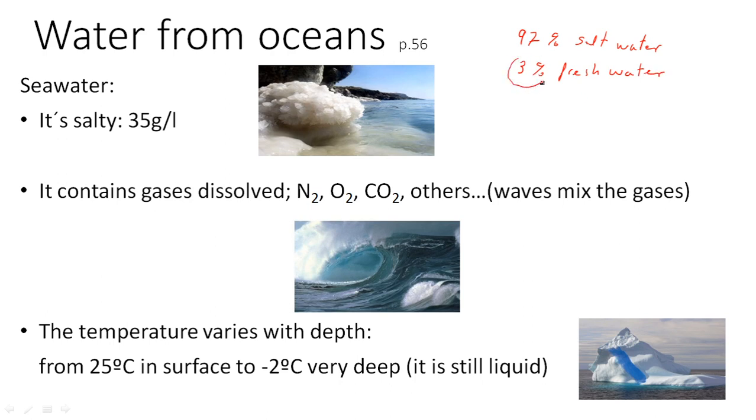Of this 3%, the most part of the fresh water, 79%, is ice, is solid. And you can find it in glaciers and at the poles.